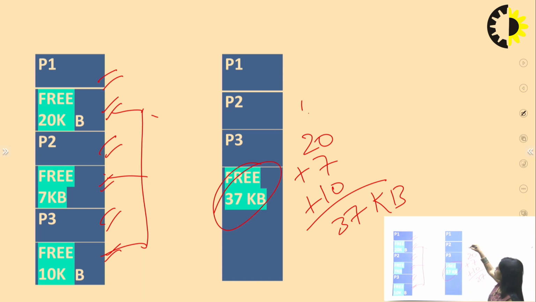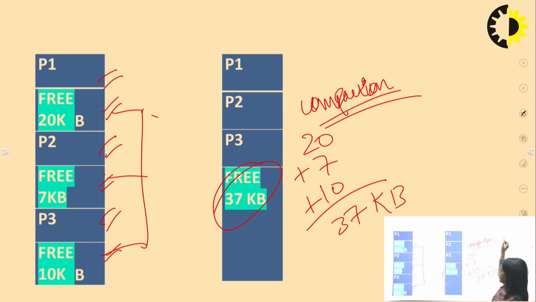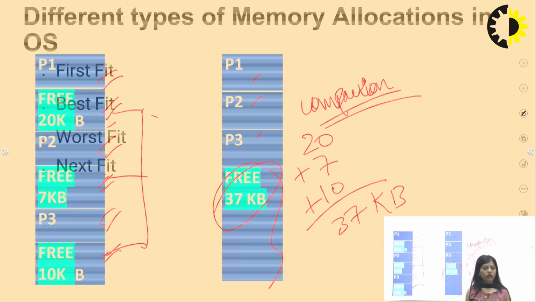This process is called compaction. In compaction, we combine the freely available space from all the processes into one big one. P1, P2, P3 are all running, and this is the free space. So this process is called compaction.